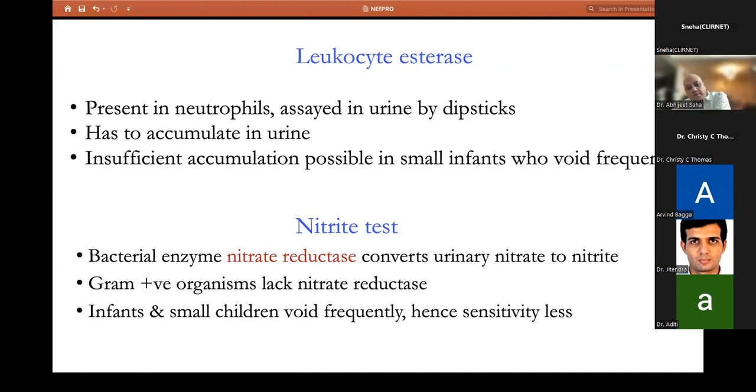And infants and small children void frequently. Hence, in infants, the sensitivity is less. But the combined sensitivity specificity of leukocyte esterase and nitrite test is very good. It is as good as doing a microscopy.